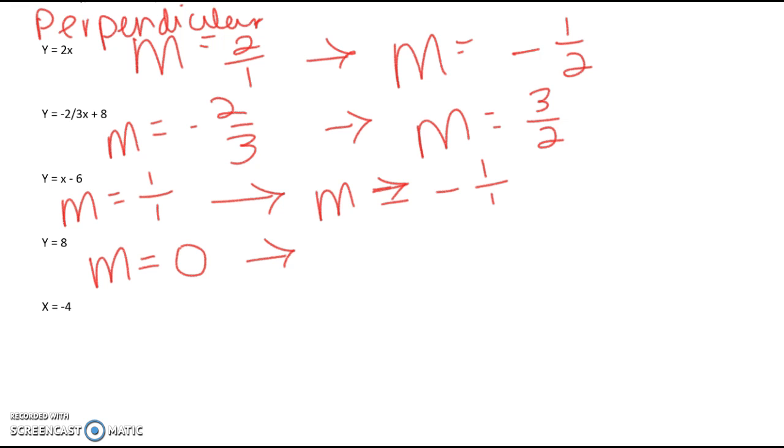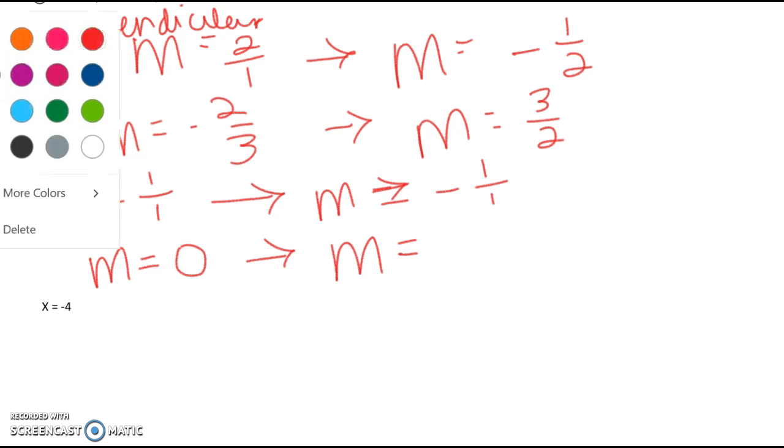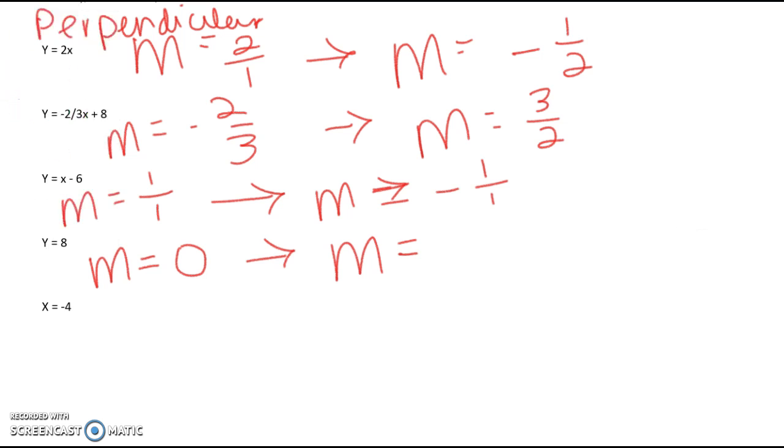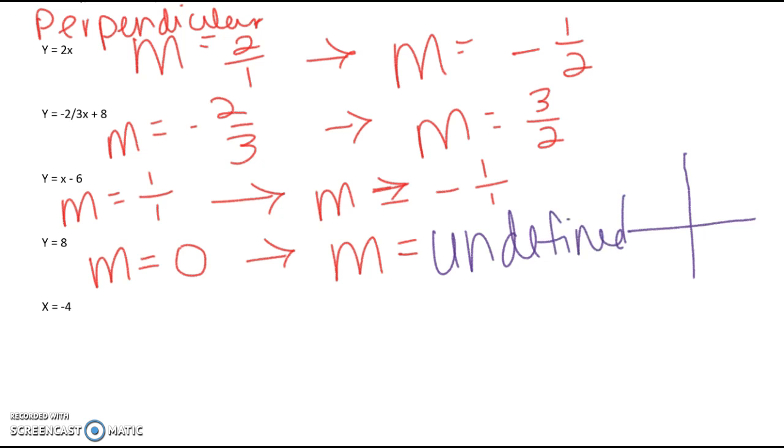But if I flip that over, I now have a 0 in the denominator. So if I have a horizontal line, what's perpendicular to horizontal lines? Vertical lines. So this one is very special because it's just an undefined slope that would be perpendicular to it.